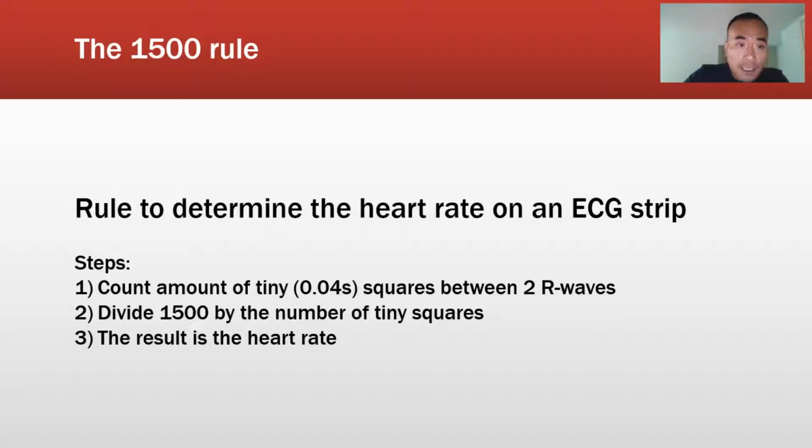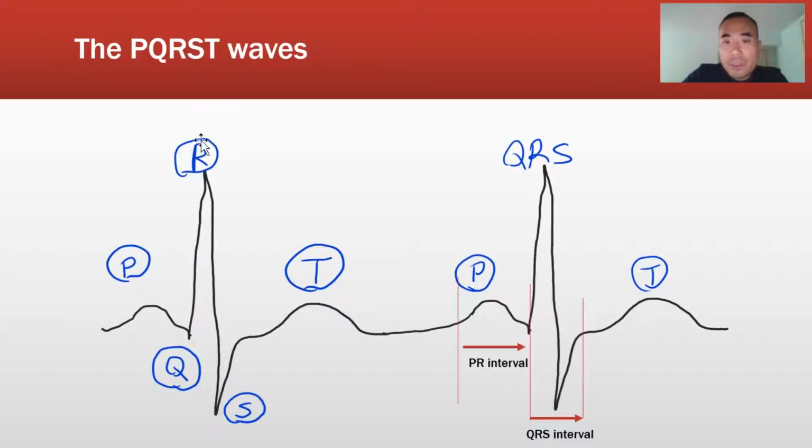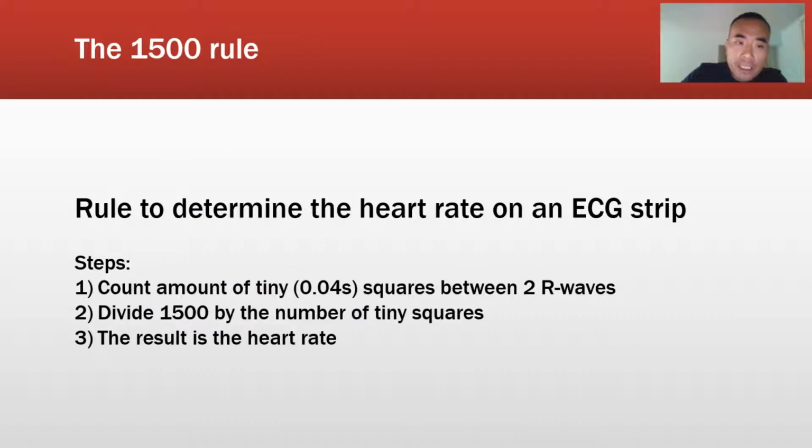I'm going to put a picture here. Between this R and this R, between those 2 spikes, there's a whole bunch of tiny squares. When you count the amount of tiny squares between the 2 R's, you're going to divide 1500 by the number of tiny squares.